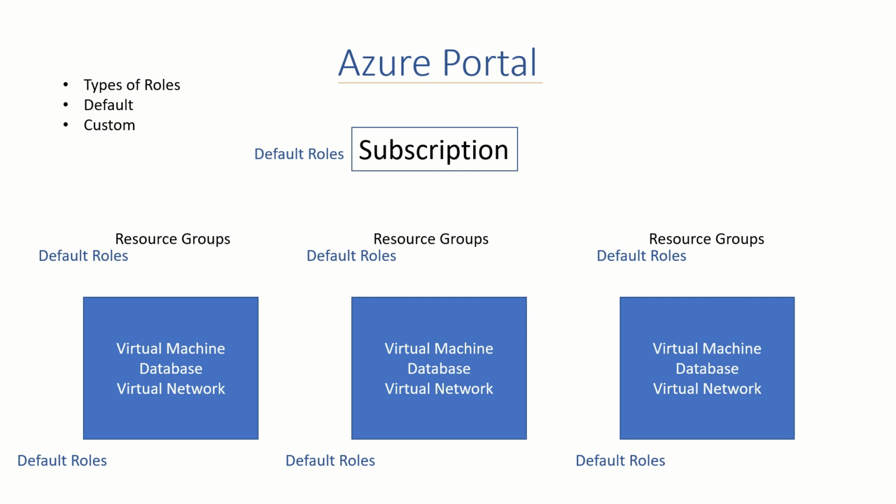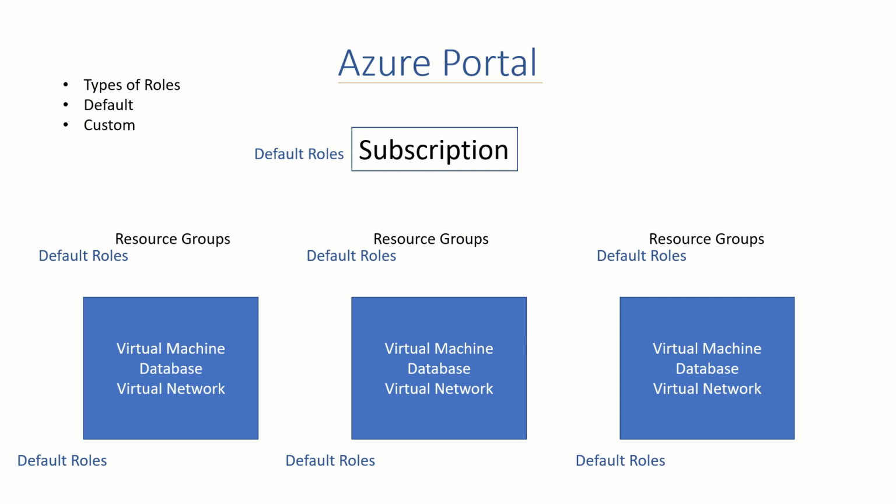So if I'm giving owner permission at the subscription level, it will be available in the resource group. It will be available in resources as well. The same goes for contributor and for reader. So make sure that when you assign a role, you choose a specific node. If you want a user to have access to a particular resource group, only assign the respective role at that resource group.